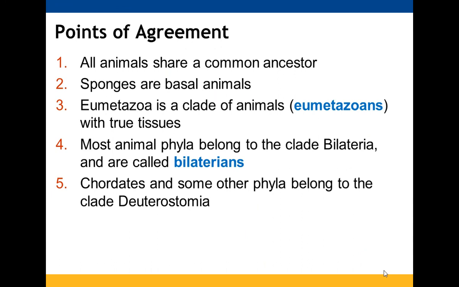And you can see this one's a little bit different, and this one is based on the molecular. So regardless of which way you're looking at it, things that animals have in common, they have a common ancestor, and sponges are basal, they are outside because they don't have the true tissues. The eumetazoans are a clade of animals that have true tissues, and most of the animal phyla belong to the Bilateria clade, and the chordates and some other phyla will belong to the Deuterostomia clade.